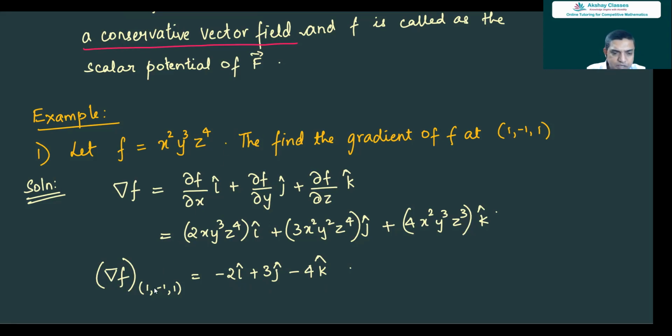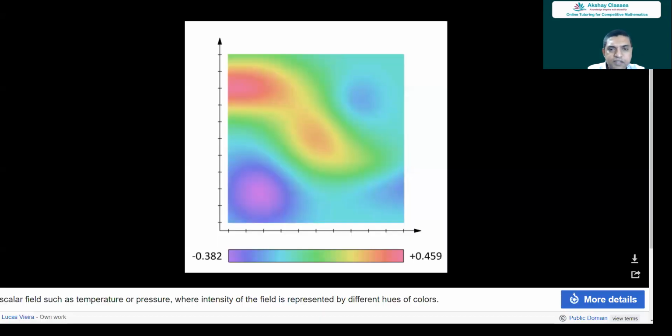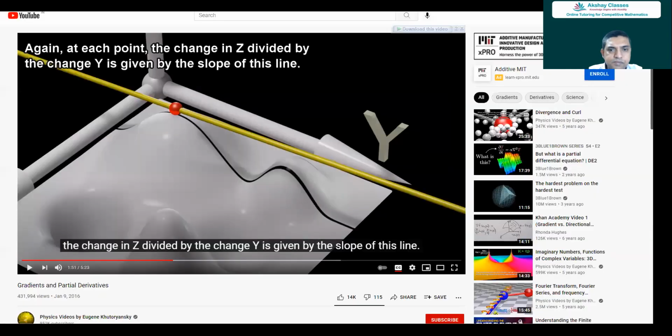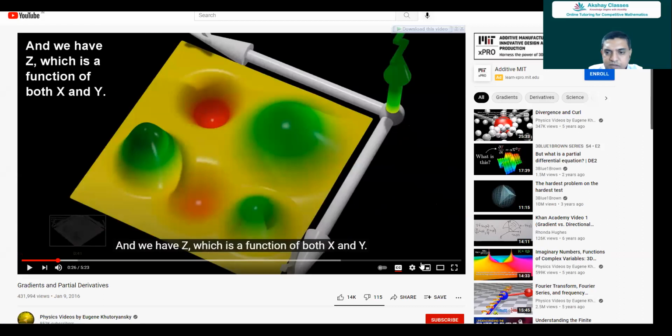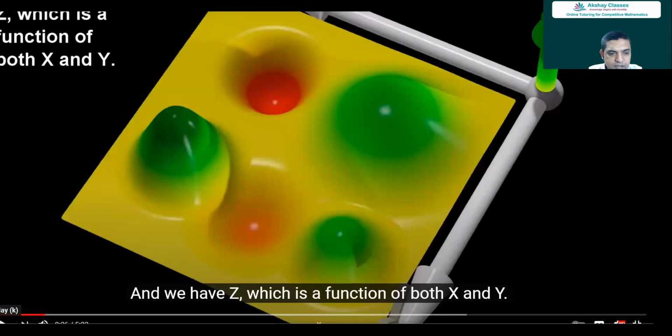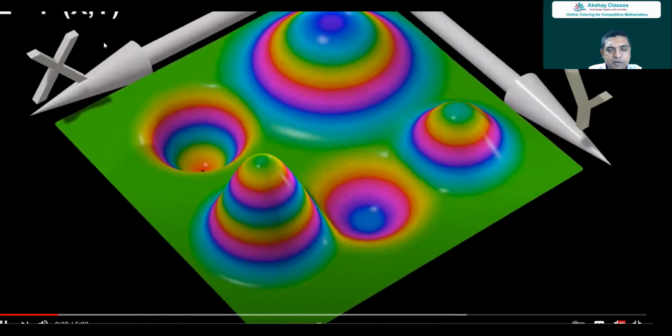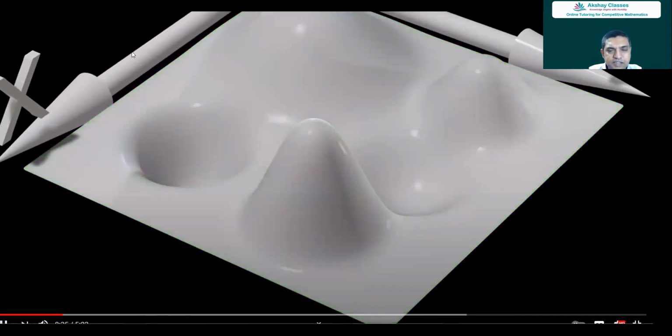Let me show you an animation of this. Let me see if I can do that. Yeah, this one. Now this is a good animation to see. This is a function z in terms of x and y.